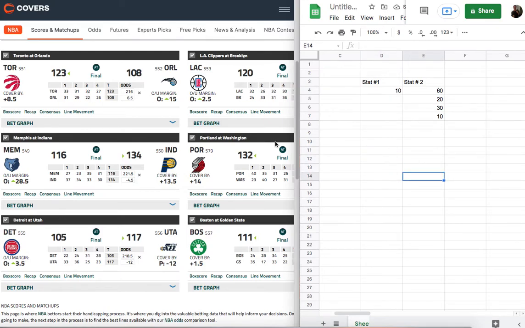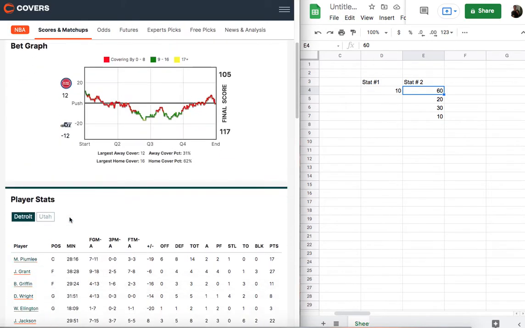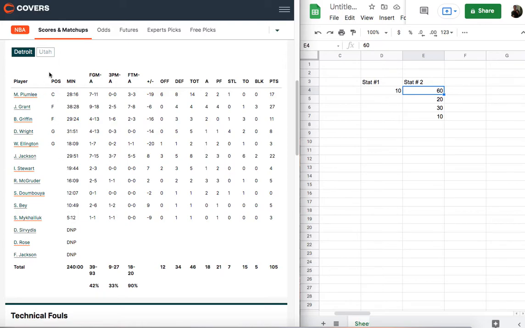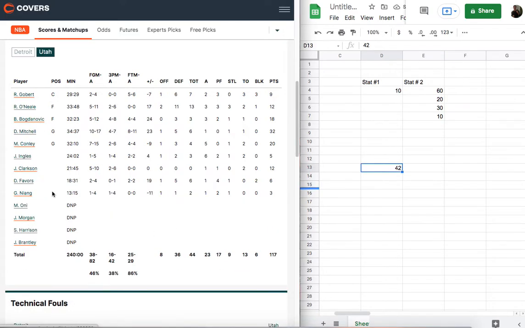So in that example, we had to multiply that stat to make it more realistic, whereas with college football, we actually divided that number down. Let's take a look at this Detroit-Utah matchup. Hypothetically, let's say Detroit was a 42, an average field goal percentage for the last 5 games, and Utah was 46. 46 minus 42 is a 4.